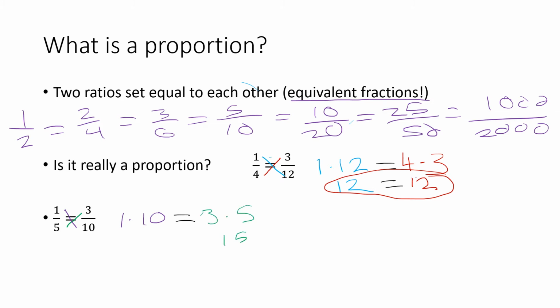Well, 3 times 5 is 15, and that is equal to 1 times 10, which is 10. So is this a proportion? No, because 10 is not equal to 15. Right? So this is not proportionate.